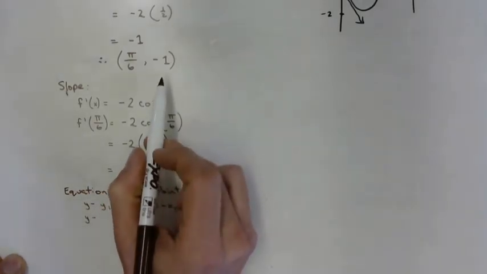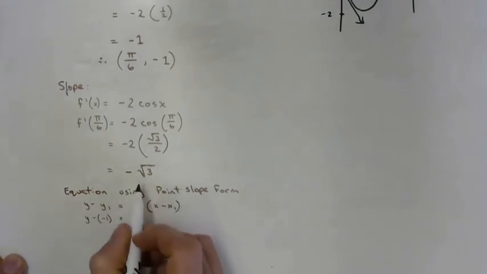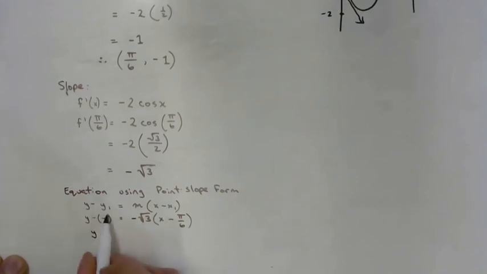We've got y minus -1, which is the y value of our tangent point, equals the slope, negative radical 3, times x minus x1, which is the x coordinate of our tangent point, pi over 6. And now we just work on simplifying this. This is y plus 1, so I'm going to remember to subtract 1 from the right side at the end once I'm done distributing.